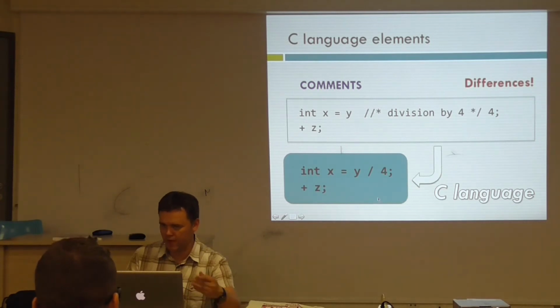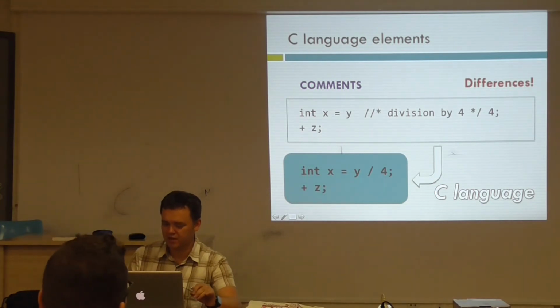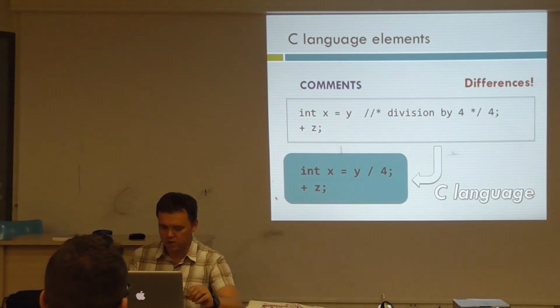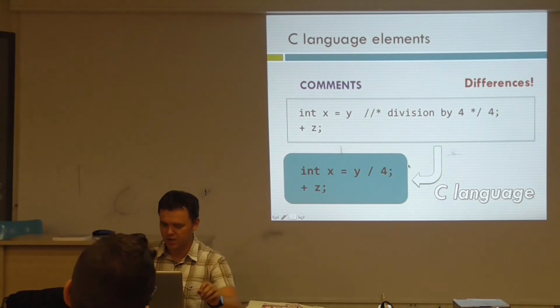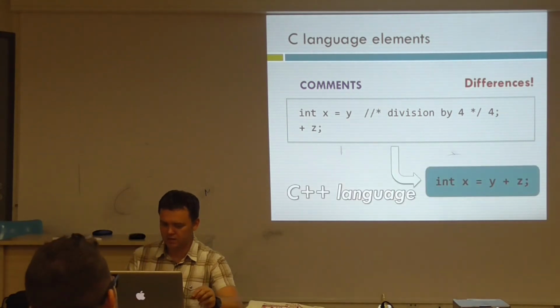So after analyzing in C language, it is 2 lines: a division by 4, and this is just nothing because it's just a value that does not change anything. So x is initialized by this value. That's in C language.